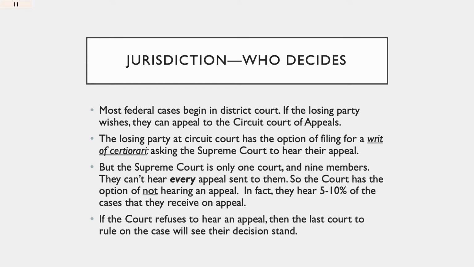So, for example, if you go back to the federalism section of our class, and we looked at how the court system handled integration in Little Rock and in Boston. Well, the Boston case ended because the Supreme Court refused to hear the appeal of the all-white Boston School Committee.